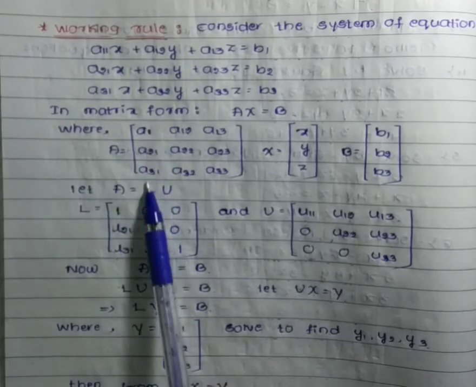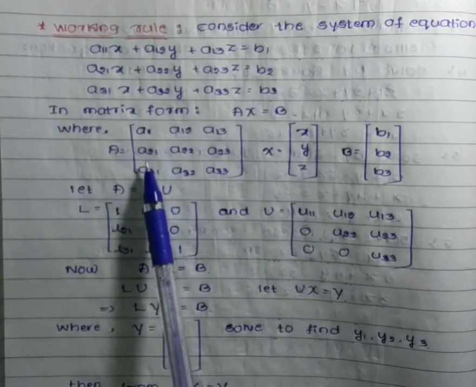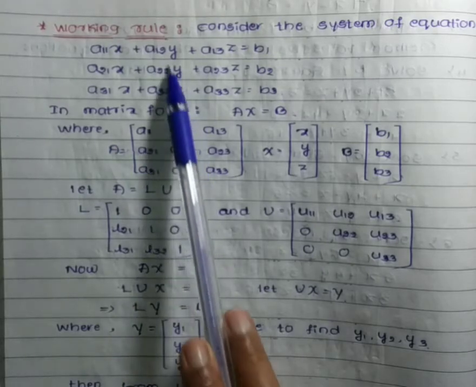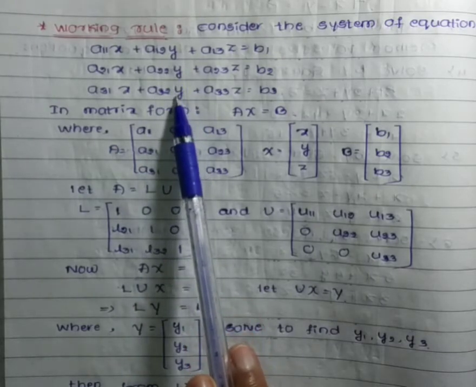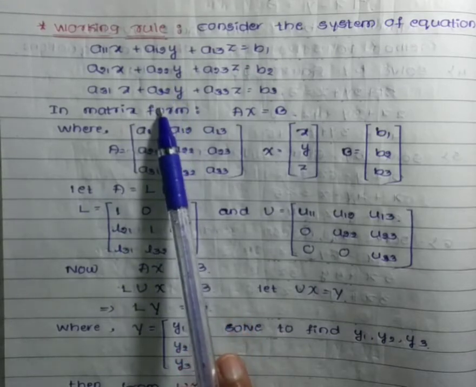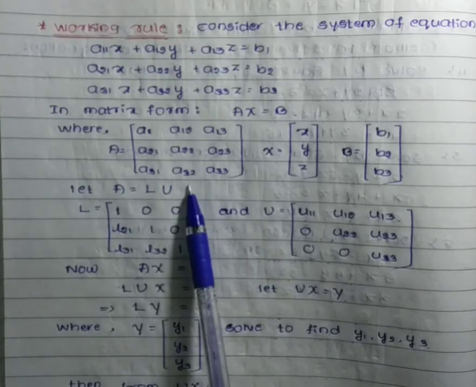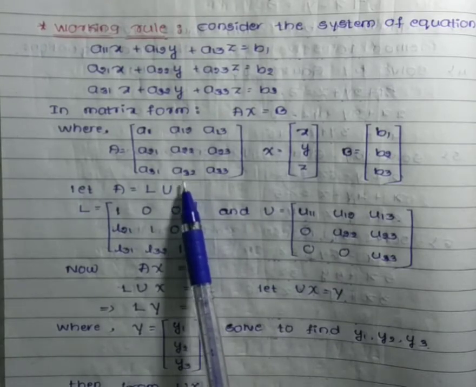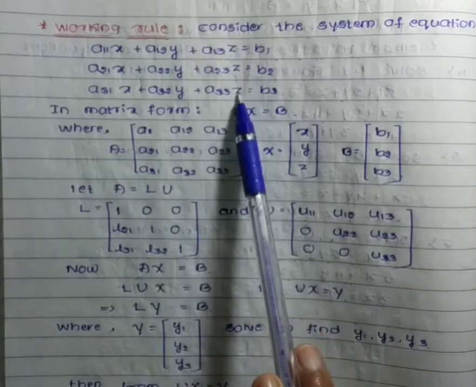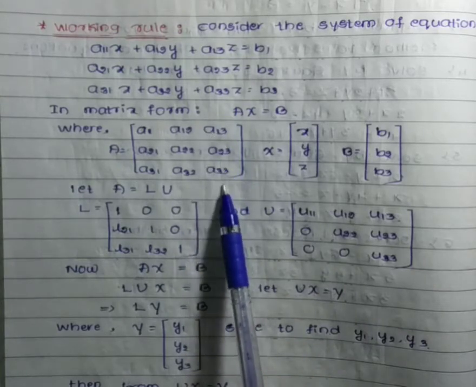So in the first column we have elements a11, a21, a31. Similarly, in the second column we have to express the coefficients of y, that is a12, a22, a32. Similarly, in the third column, always we have to express the coefficients of z, that is a13, a23 and a33.